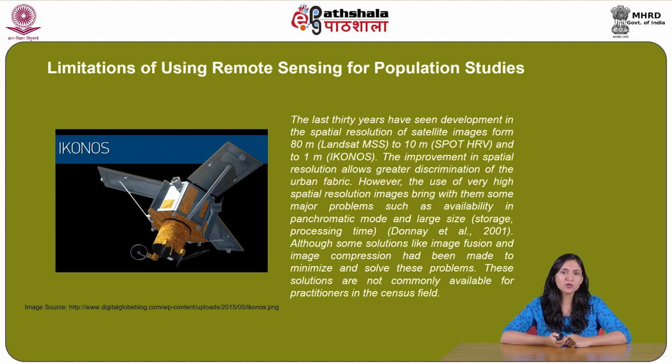However, the use of very high spatial resolution images brings with it some major problems such as availability in panchromatic mode and large size of storage and processing time. Although some solutions like image fusion and image compression have been made to minimize and solve these problems, these solutions are not commonly available for practitioners in the census field.